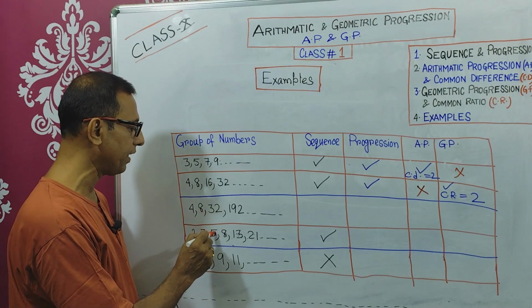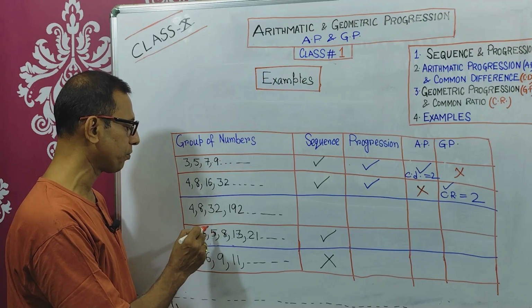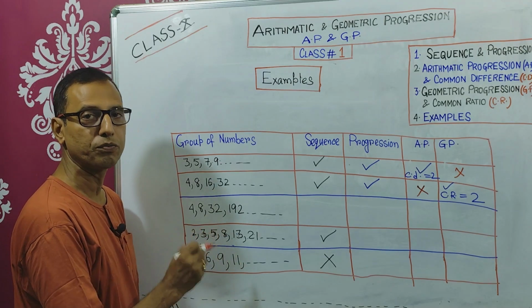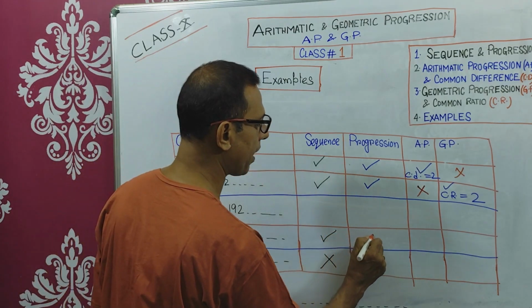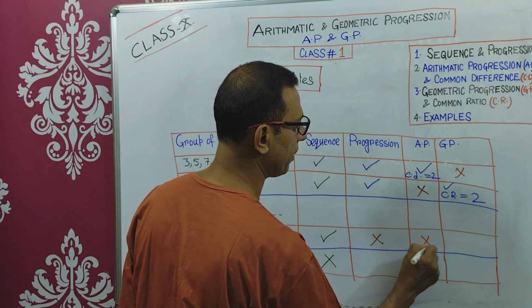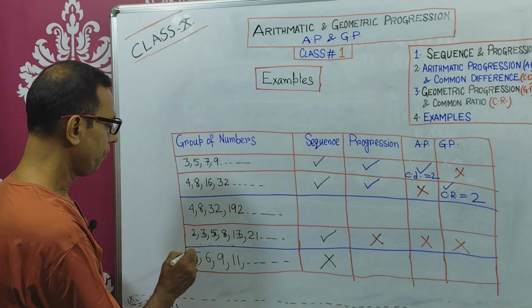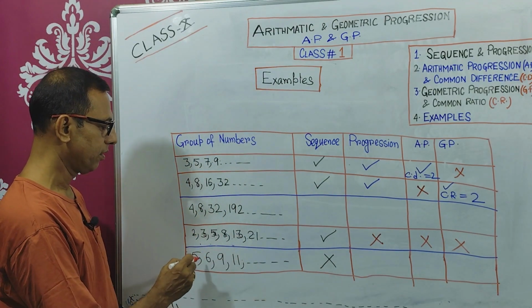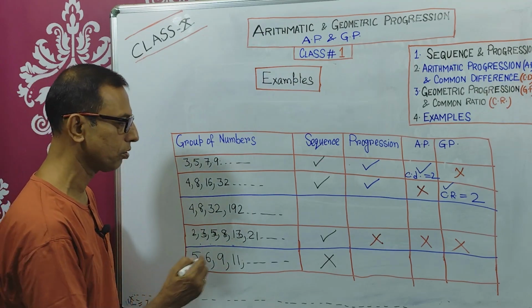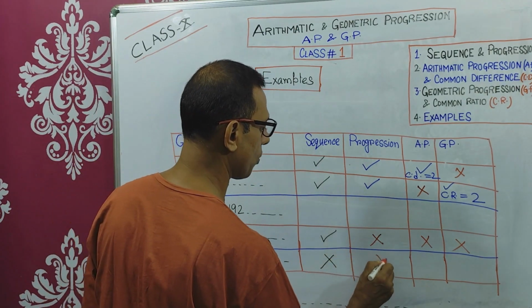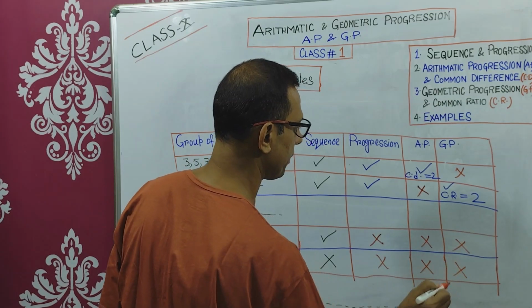That element doesn't have any relationship to its predecessor and successor by a uniform law. So therefore it's not a progression. That is why it is a sequence but not a progression. Therefore no AP, no GP. 5, 6, 9, 11. There is no pattern at all in this group of numbers. So it is neither a sequence, nor a progression, nor AP, nor GP.